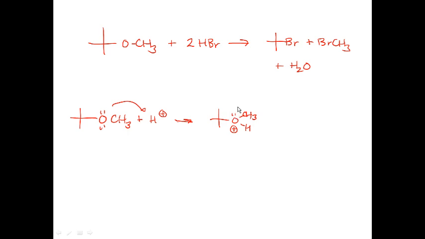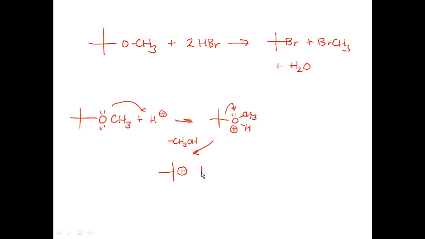So let me show you the SN1. This methanol molecule would make a great leaving group, so I could break this carbon-oxygen bond. I could lose CH3OH and form then my tertiary carbocation and my CH3OH.